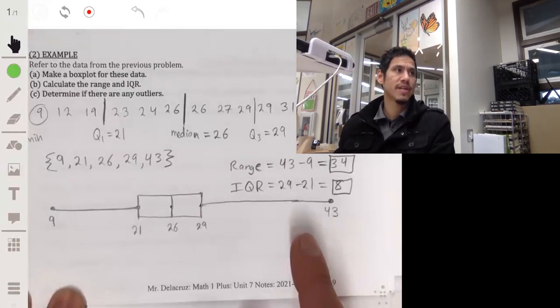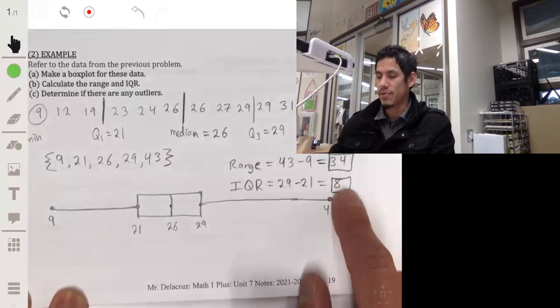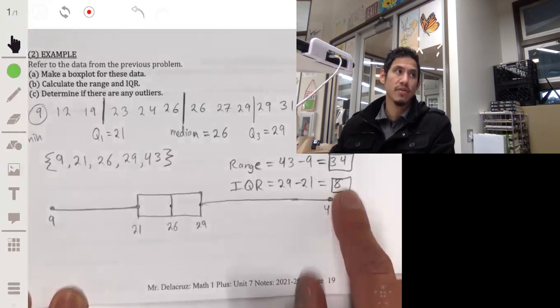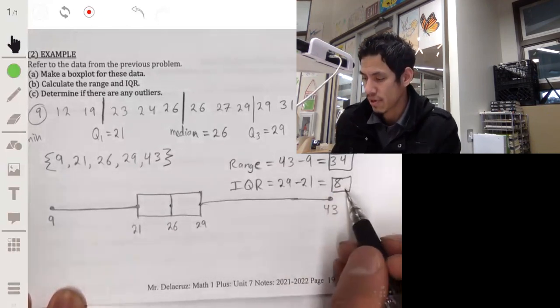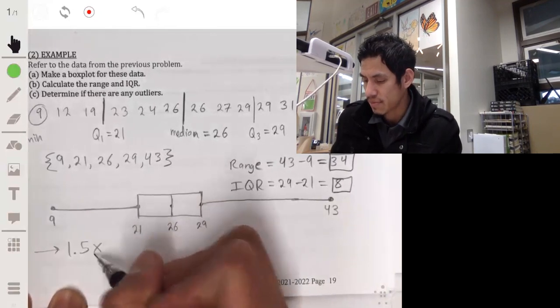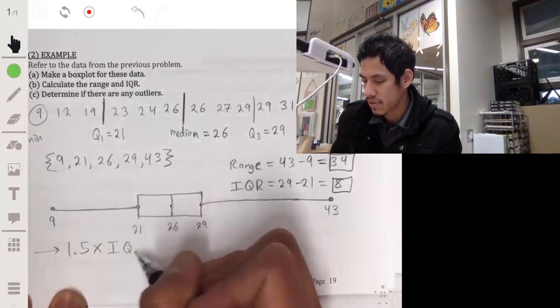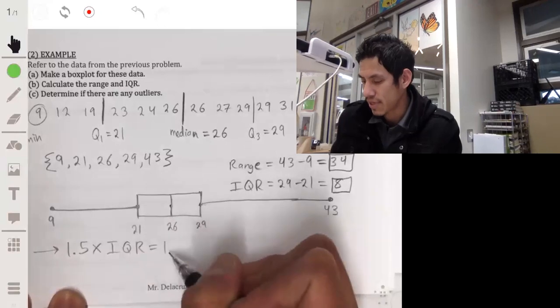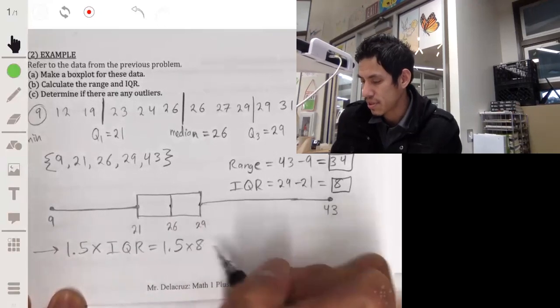And to determine if there are any outliers, we're going to use our IQR value of 8. We want to first figure out what 1.5 times our IQR is. That's 1.5 times 8, which is going to be 12.